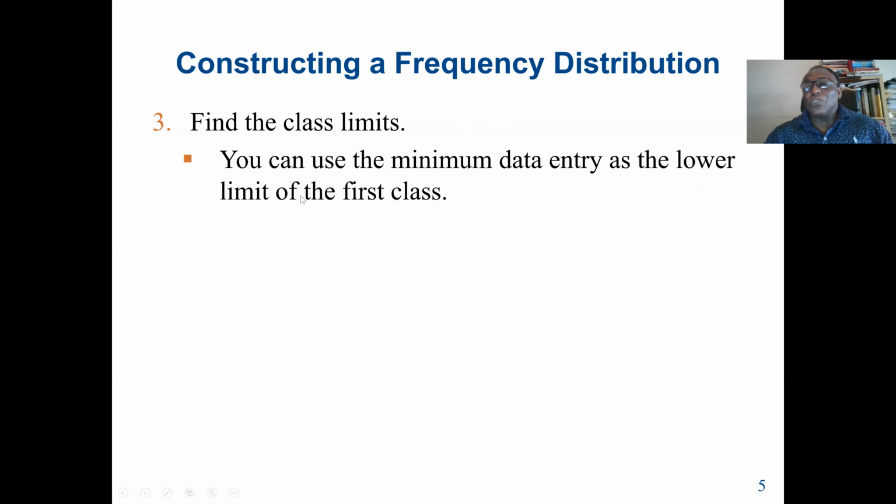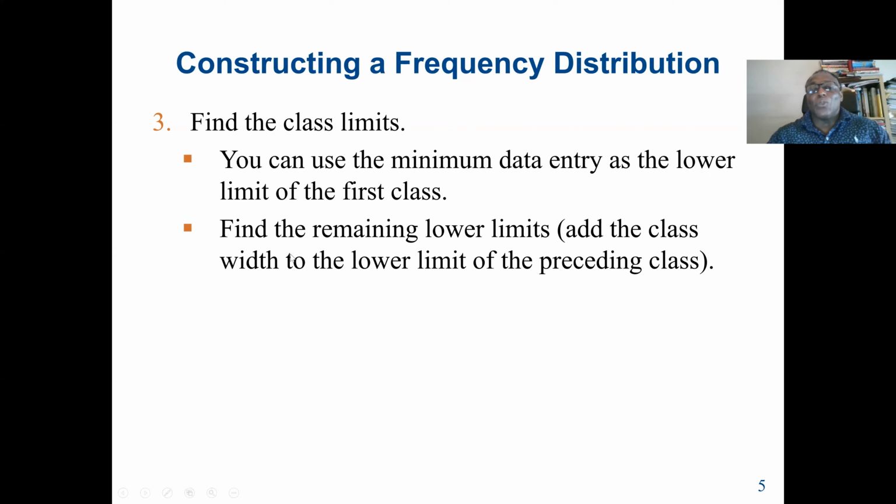But always we have to start with the minimum value or less than the minimum. If we start with a value that is greater than the minimum data entry, of course, then we are going to lose that value. So you can use the minimum data entry as the lower limit of the class or a little bit lesser value. Then we have to find the remaining lower class limits, which means we have to add the class width to the lower limit.